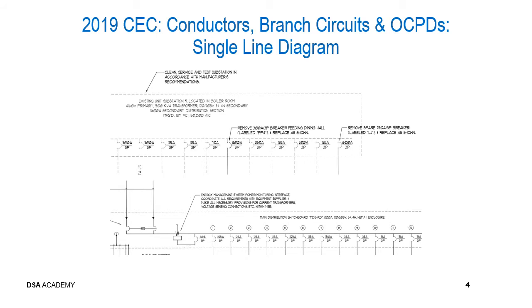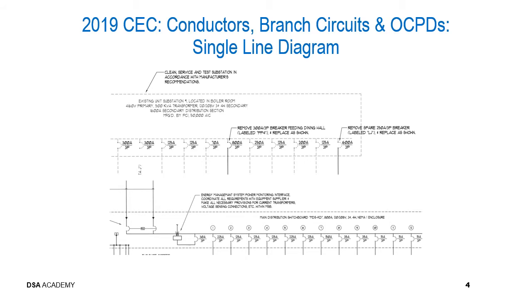If we look at the very top note, it says clean, service, and test substation in accordance with manufacturer's recommendations. Now, obviously, this is a task that is going to be completed by the contractor, but the project inspector needs to verify that this task was actually completed.